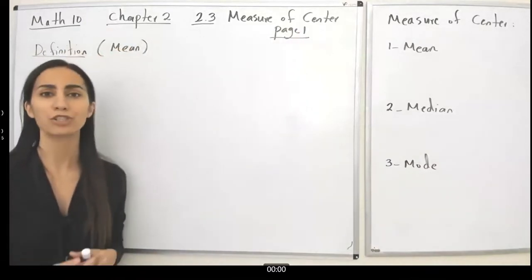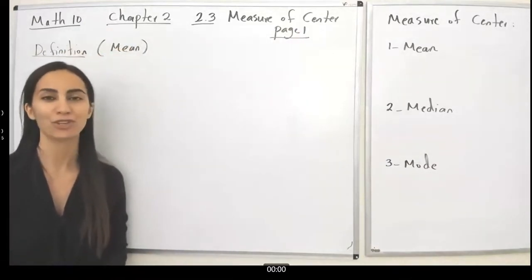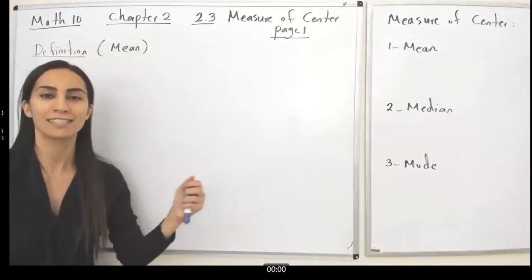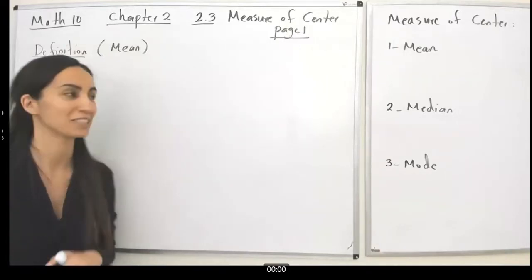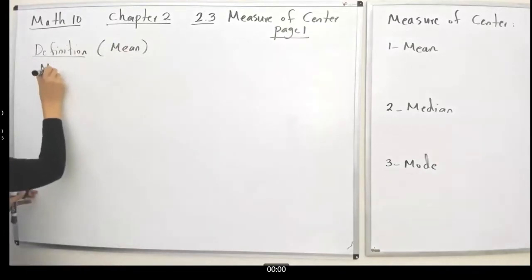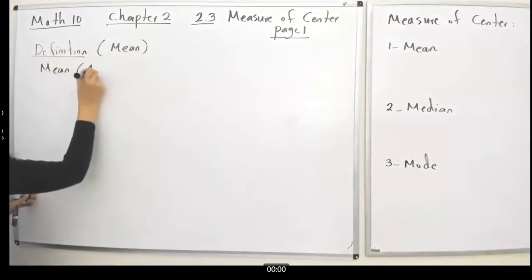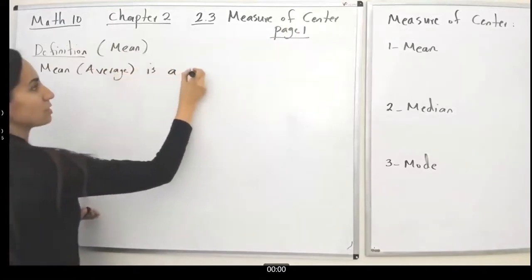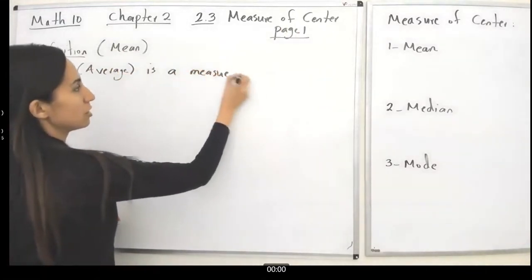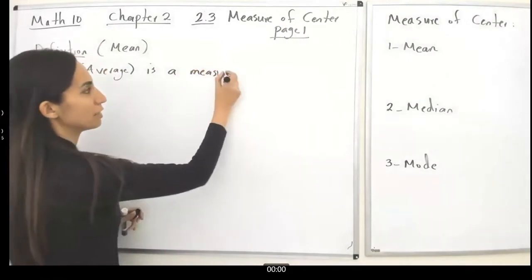Mean or average of a collection is a measure of central tendency of a collection of data. Mean or average is a measure of center.